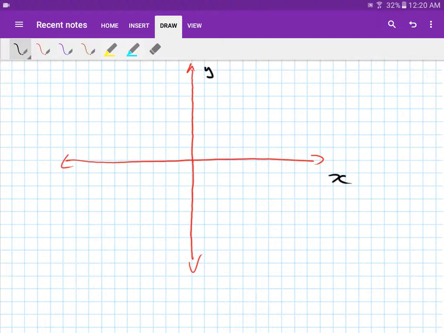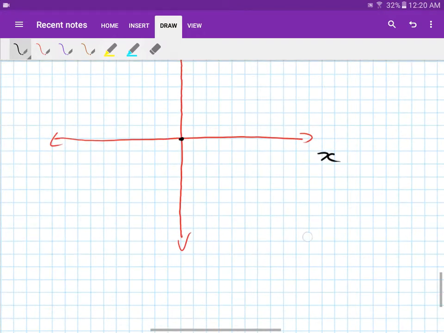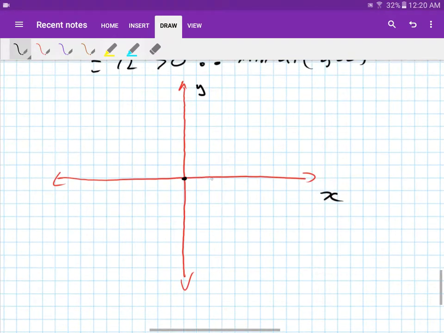Now (0, 0) is here. Now (1, -5), roughly. Doesn't matter. And then (-2, -32) all the way down here. Now this is a minimum, and then a maximum.